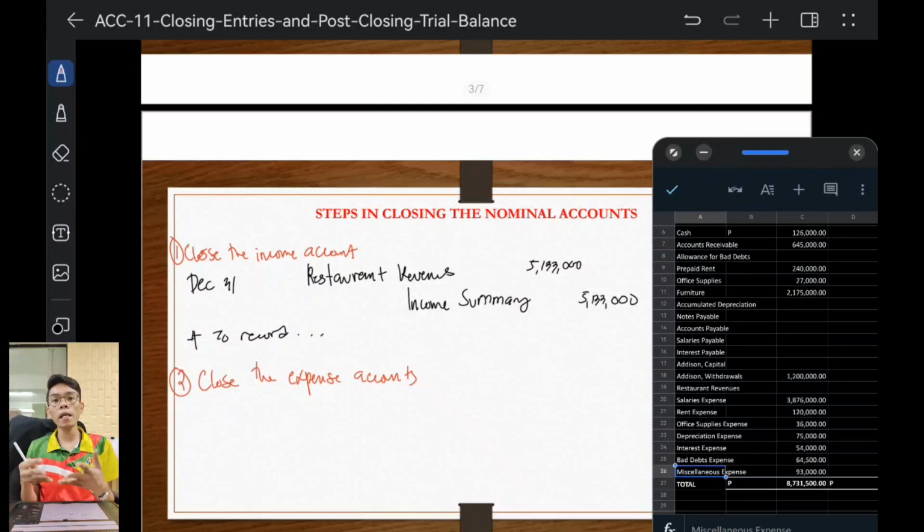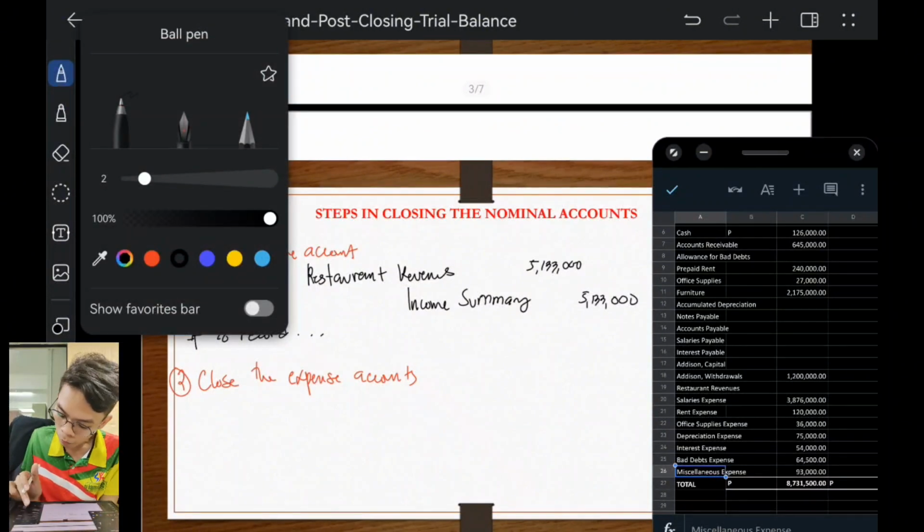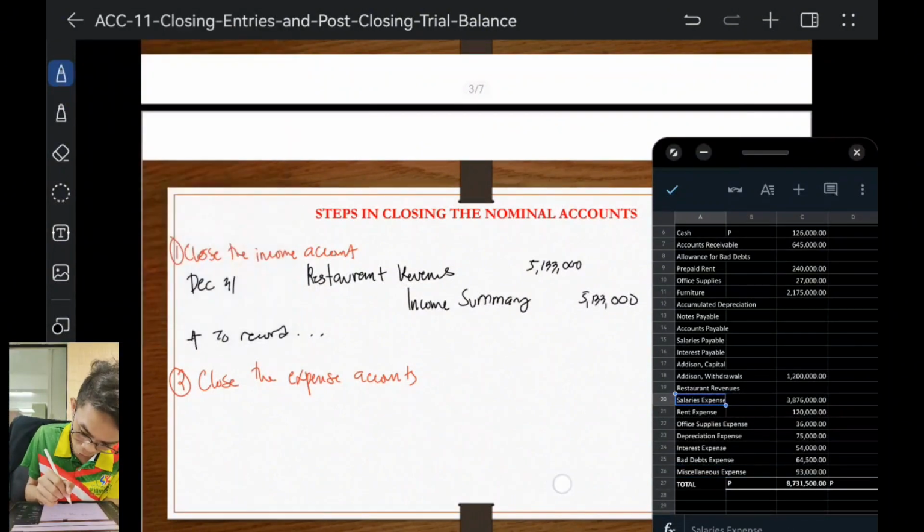Since expenses are contra equity accounts and their normal balances are on the debit side, in order for us to zero out the expenses, we need to put them on the credit side. So we will credit all of the expenses. We have here the salaries expense, so credit salaries expense. Another credit to rent expense.